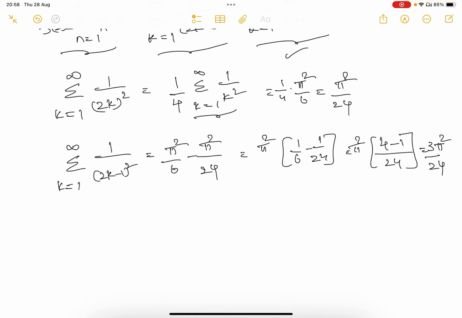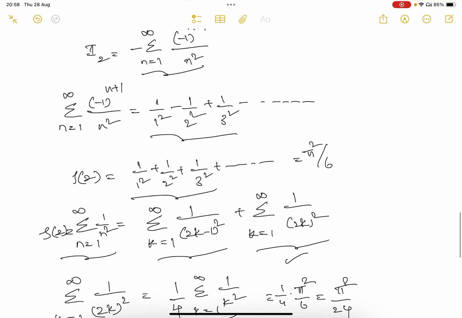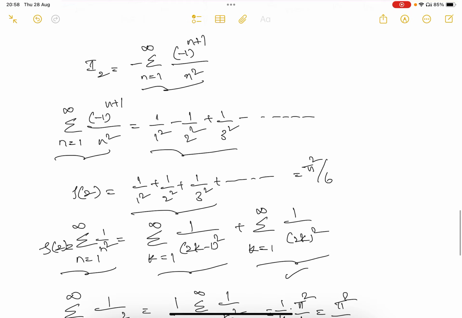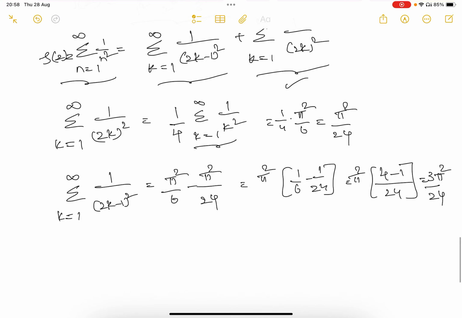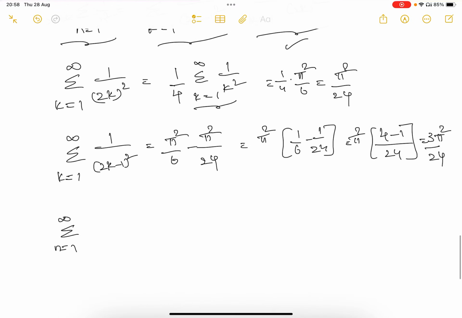Our case, sorry, I2 is summation n equal to 1 to infinity (minus 1) whole power n plus 1 by n square.